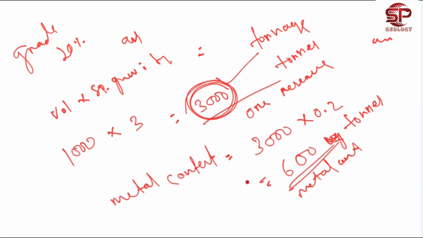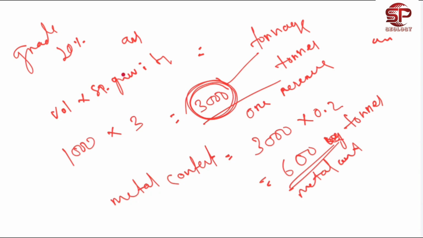So there are two terms: one is metal content, one is ore reserve. For metal content, you have to multiply the grade in decimal, and you will get 600 tons.